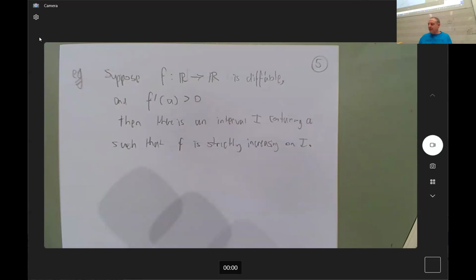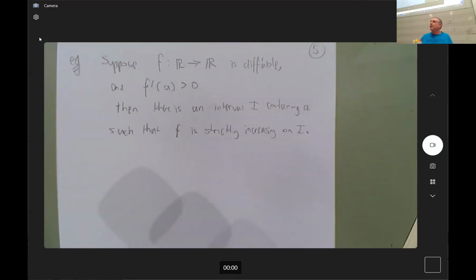So that is slightly different to the thing you had in your assignment, right? This is basically saying that a function is increasing at a point where the derivative is positive. But it's saying that there is an interval around that where it is increasing.